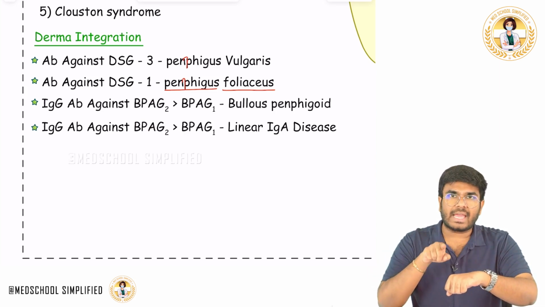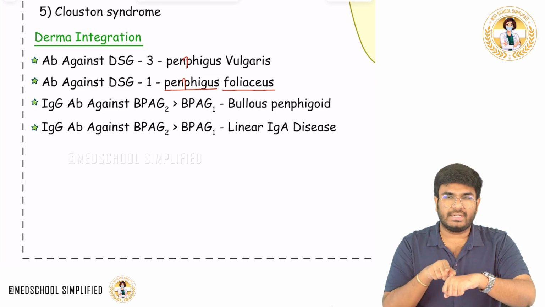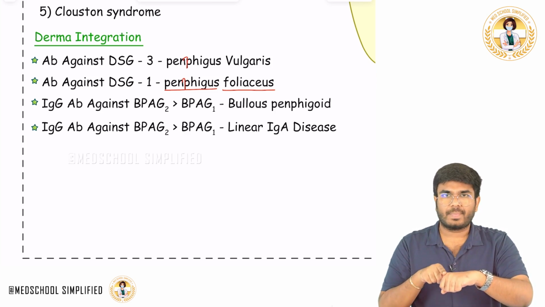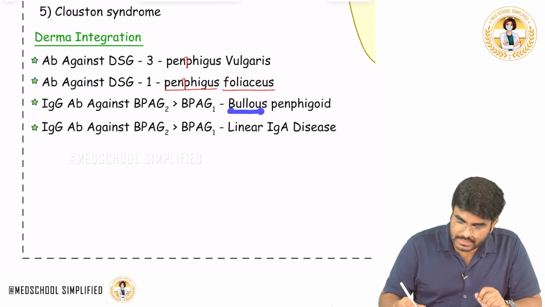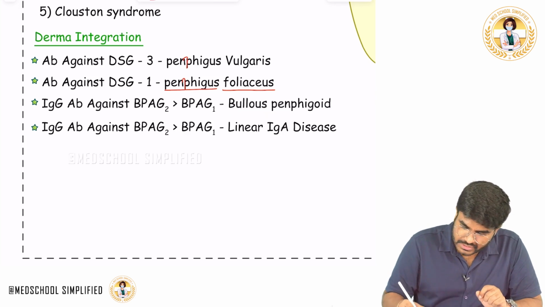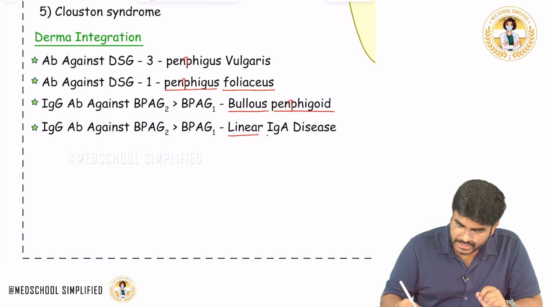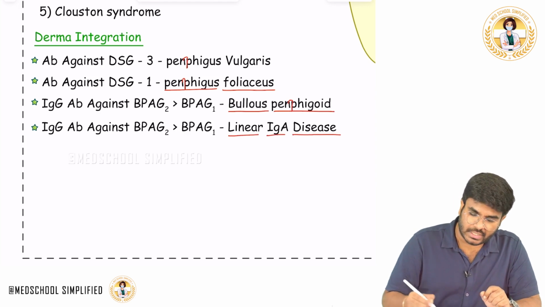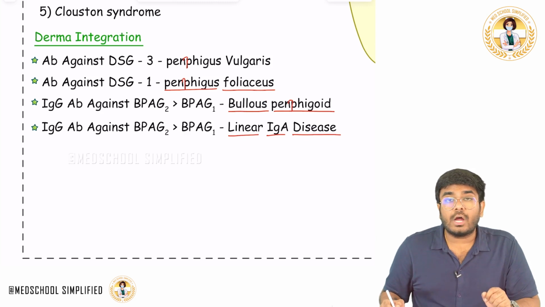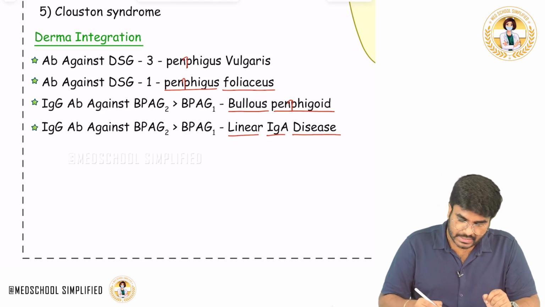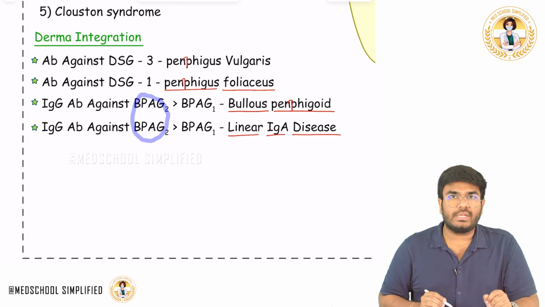So again there is a gap which will be filled with fluid. Okay, so that is going to cause bullous pemphigoid. Which disorders? Bullous pemphigoid and linear IgA disease. So in these two disorders, there is autoantibody production against the hemidesmosomal proteins.